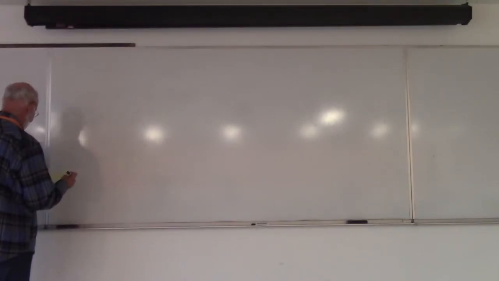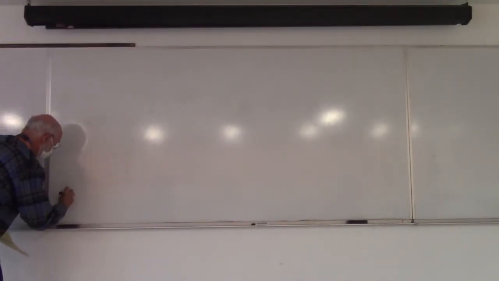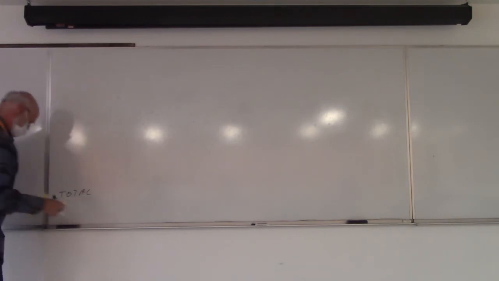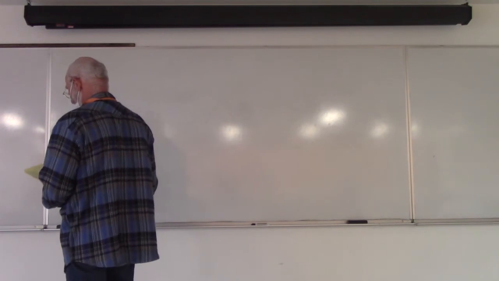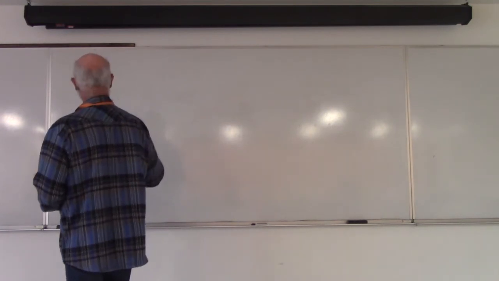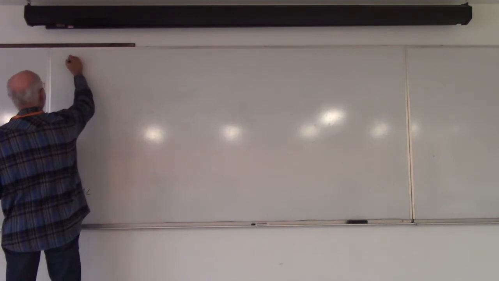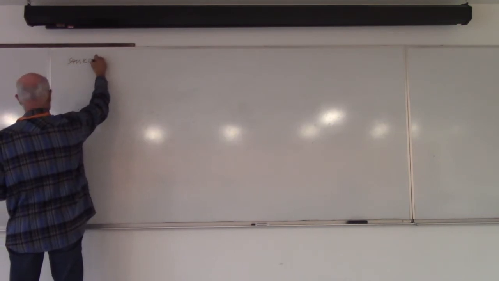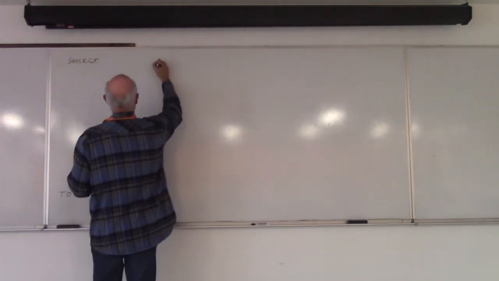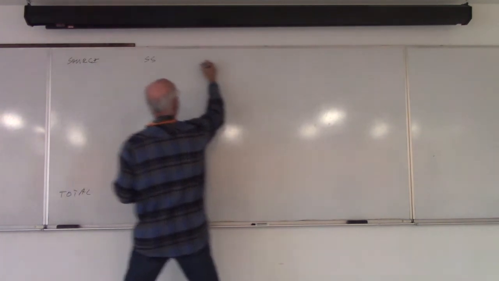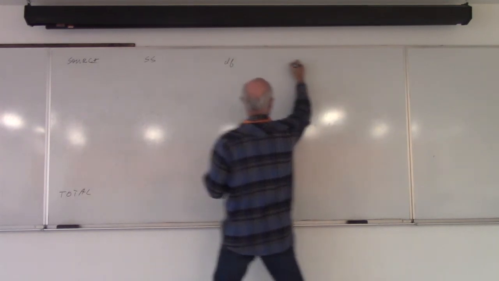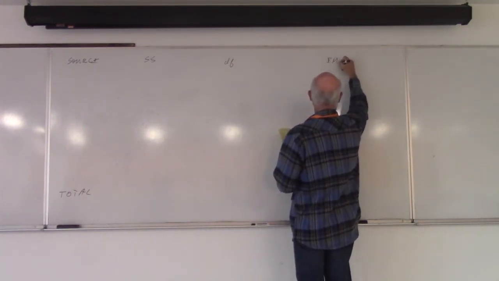So let's write down the expected mean square for total. Okay? I don't even have to do that. Yeah, I do. I'm going to give you source, degrees of freedom, sum of squares, degrees of freedom, and expected mean square.